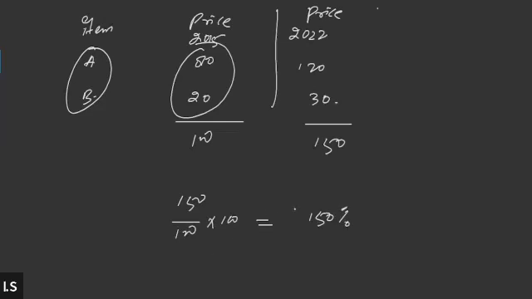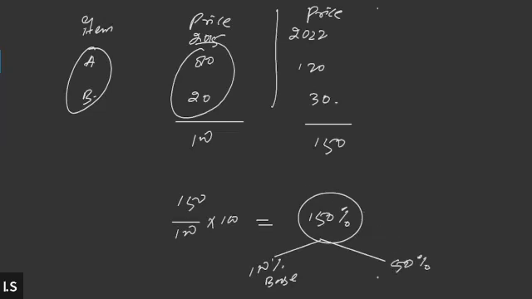You're getting my point? It means that the price of the commodity is currently 150% of the price that was prevailing in the year 2015. Or you can also interpret it this way: whatever the percentage that you calculate, 100 is always considered as the base percentage, and any value above 100% indicates the rise in price.